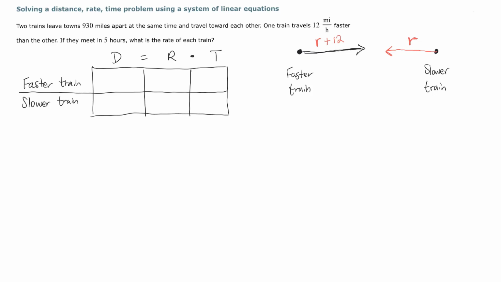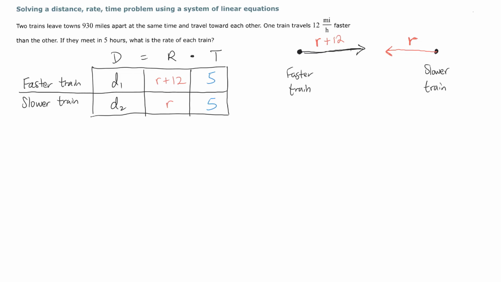So we have the rate of the slower train, which is r, and the rate of the faster train, which is r plus 12. We also know the total time traveled. They're both going 5 hours. Both trains are going to travel 5 hours. The thing that we don't know is the two different distances. They're different, so I'm going to label them d sub 1 and d sub 2.